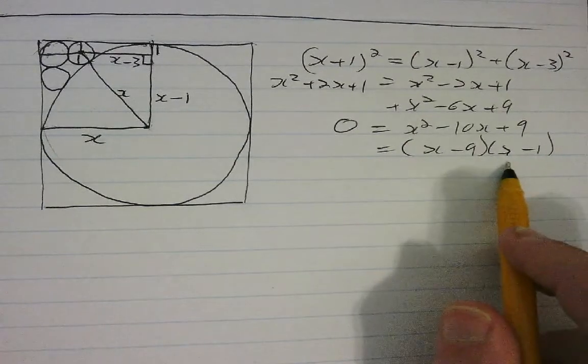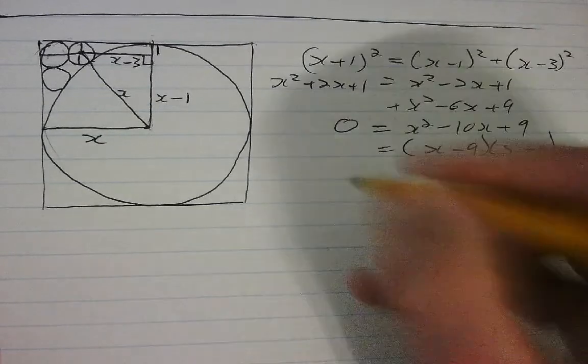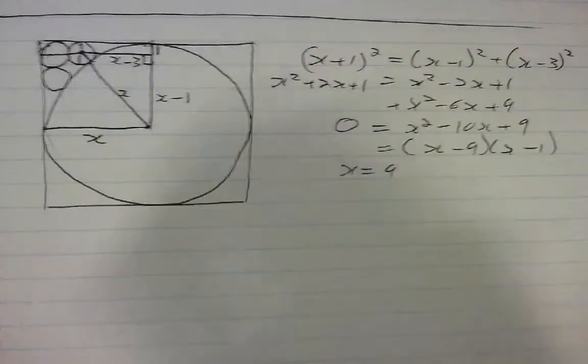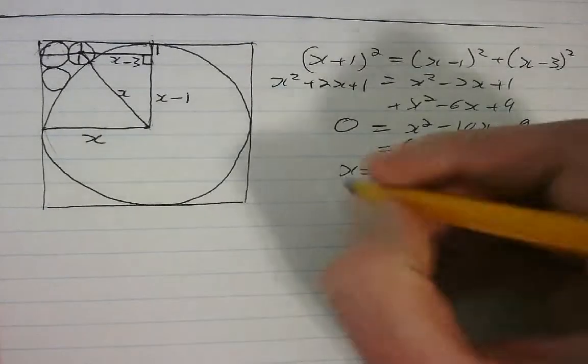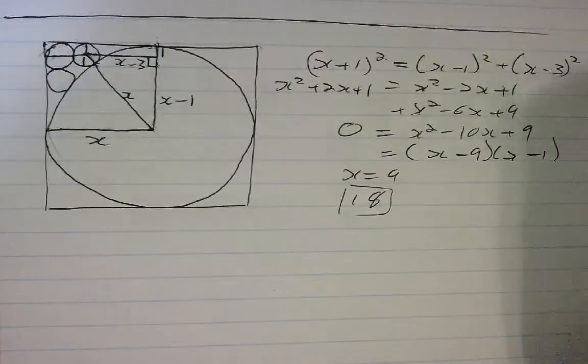Quite clearly, x cannot be 1, so that means that x must be equal to 9, and that means the side of the square must be 18.